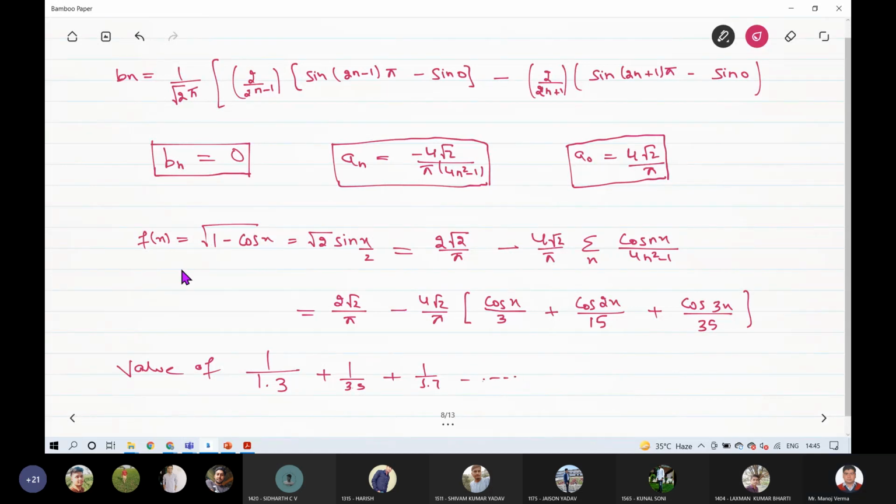Okay. So for that identity, if you simply insert the value of x equal to 0, then this identity can be solved very easily.